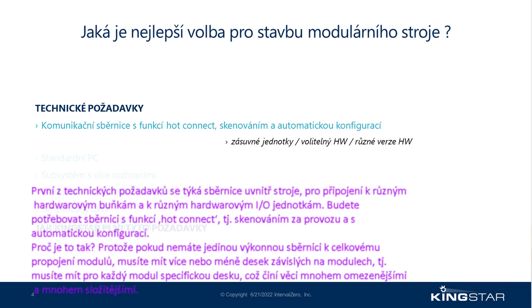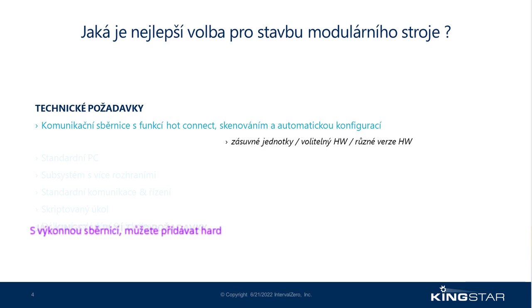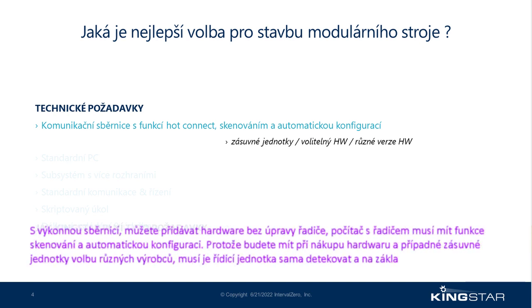Why is this? Because if you have no field bus but you are using boards to connect, you have to have more or less boards depending on the modules. You have to have a specific board for each module, which makes things much more limited and much more complex. With a field bus, you can add hardware without modifying the controller, the PC on the controller.